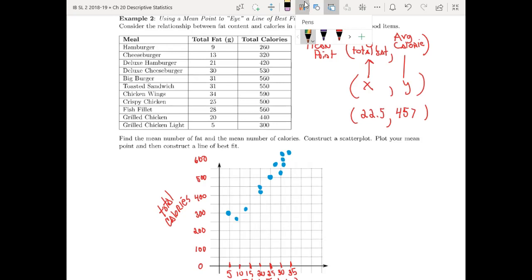22, 457, 22, 450. And so when you draw your line of best fit, you want it to go through that.